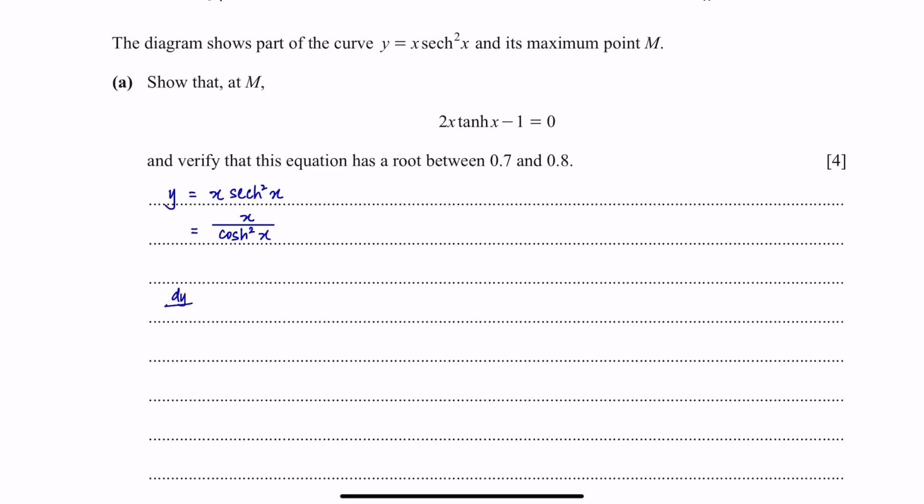So the differentiation is cos squared x times 1 minus x times 2 cos x sine x, over cos to the power of 4.